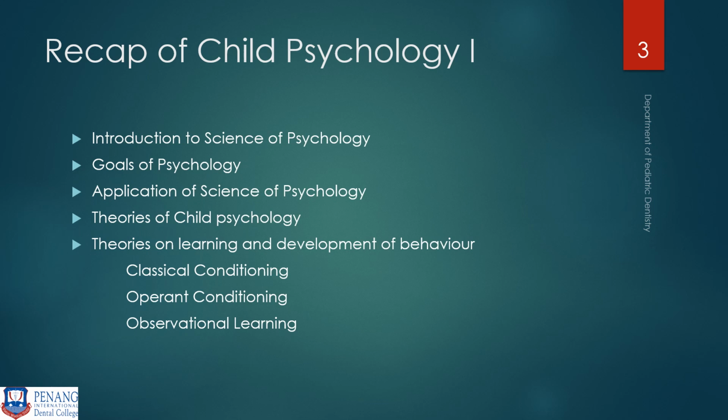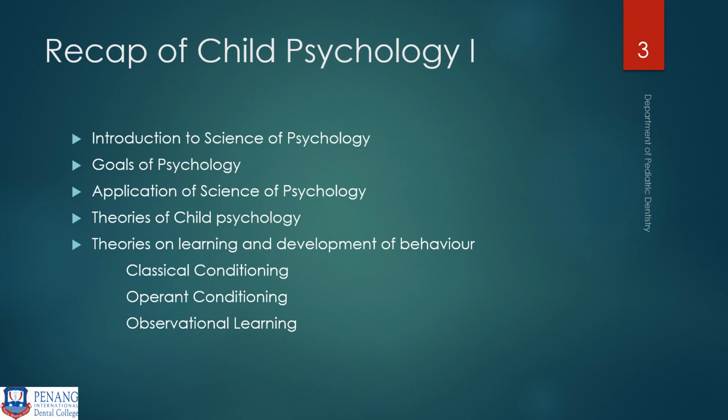To understand that, we looked at the 3 theories on learning and development of behavior: the theory of classical conditioning, the theory of operant conditioning, and the theory of observational learning. These theories were basically based on how children behave, or how children learn how to behave, and they can more or less control the way children behave in the clinic.